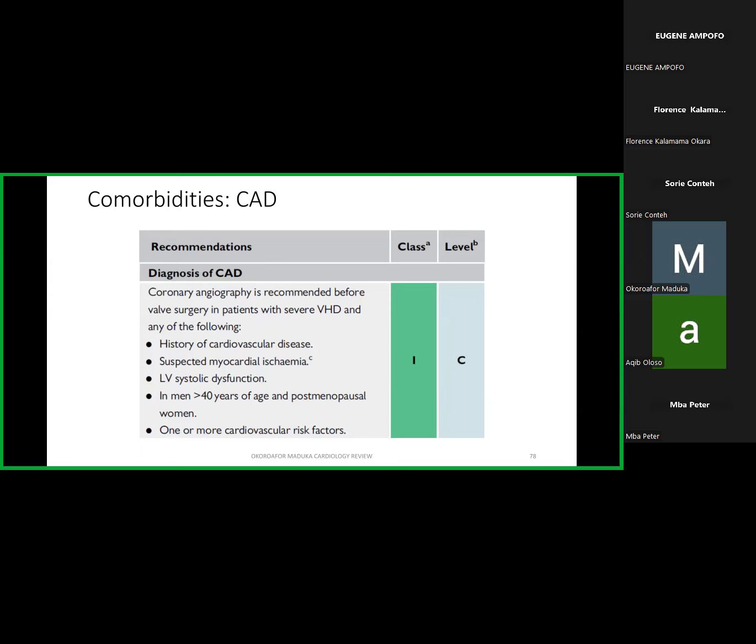Some questions that I want to ask. Angina can be a presenting symptom for both aortic stenosis as well as aortic regurgitation. I want you to explain the mechanism of angina in each scenario. Then also, in terms of echocardiographic assessment in aortic stenosis, there is a value called the dimensionless index. I don't know if you've come across that.